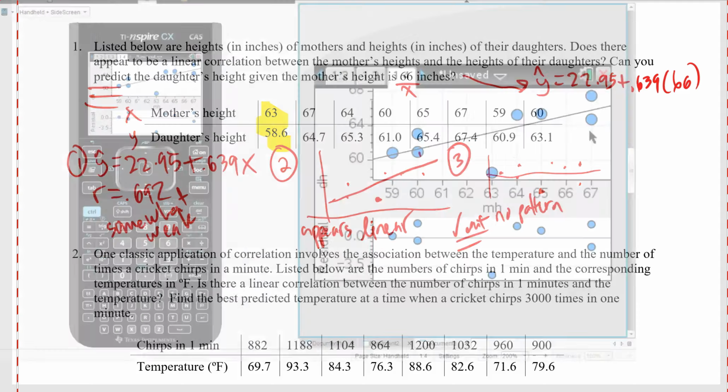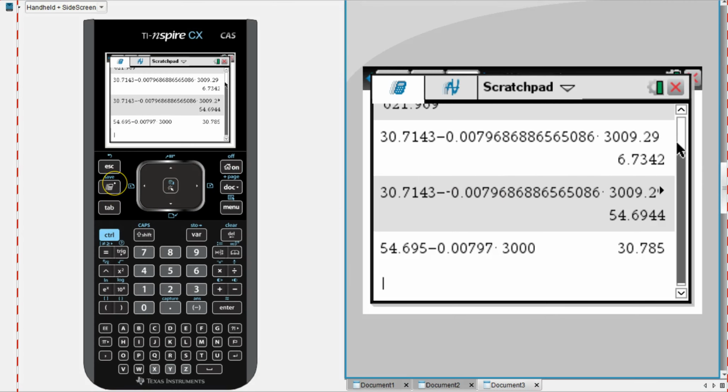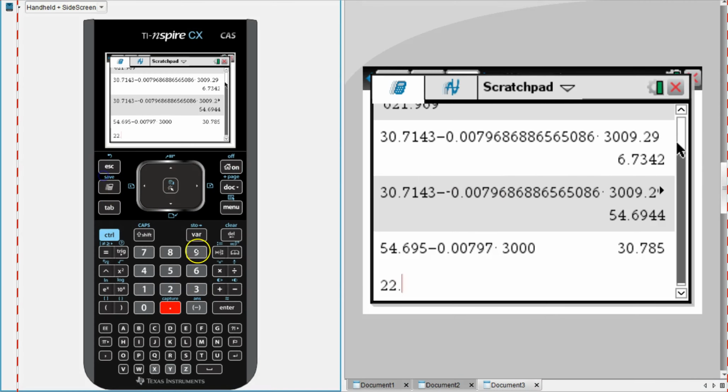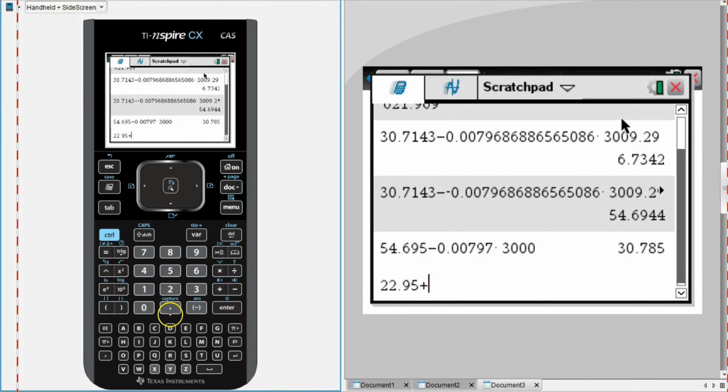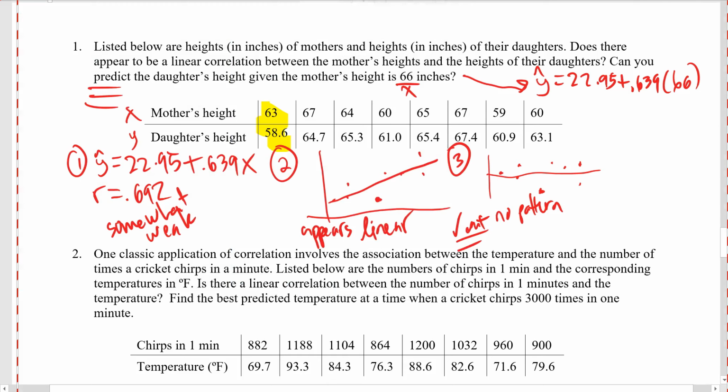So 22.95 plus, what was the slope? 0.639 times the height of 66 inches.